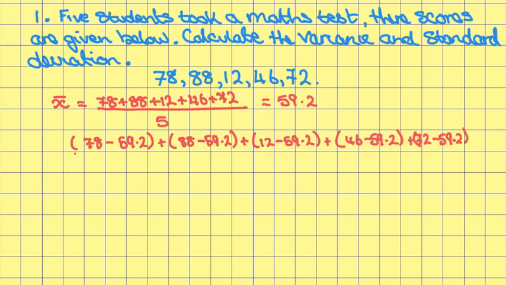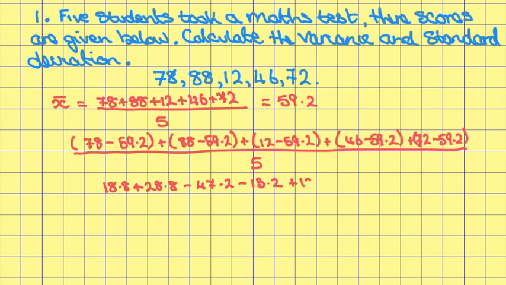And we've got to average those out, so we've got to divide by 5. Well, that will give us 18.8 plus 28.8 minus 47.2 minus 13.2 plus 12.8, all divided by 5.